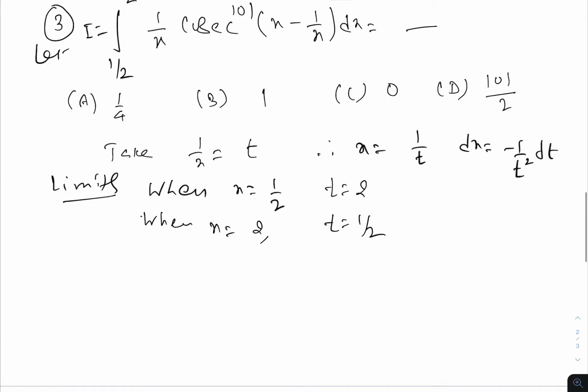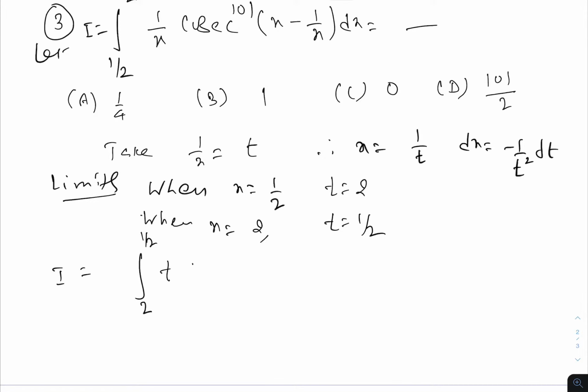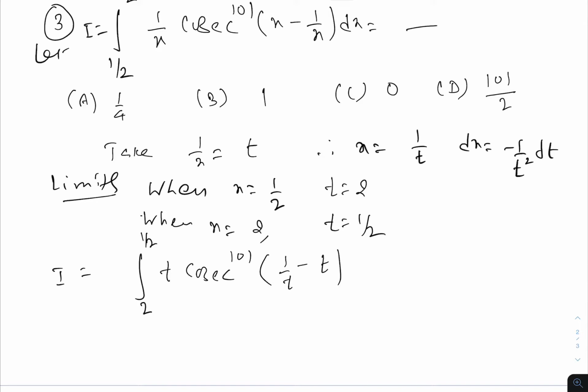So this integration I becomes the integration from 2 to 1 by 2 of t, cosec power 101 (1 by t minus t), since x is 1 by t, 1 by x is t, and dx is minus 1 upon t square dt.